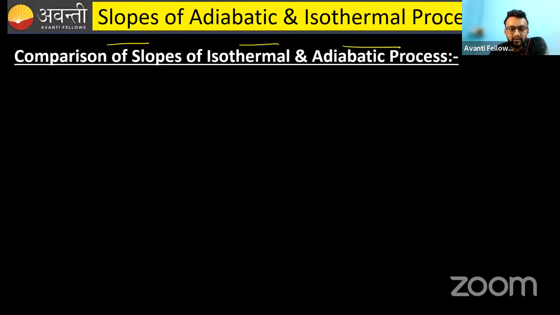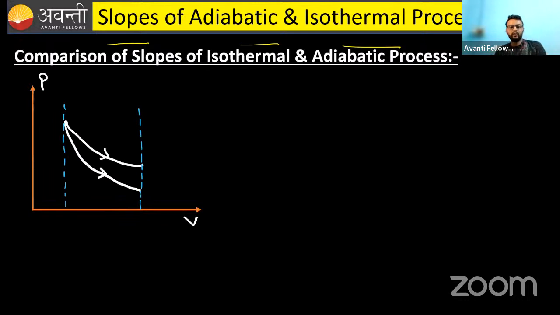There might be a graph like this one, a graph of P and V, and they are asking you to identify which of them is the isothermal process and which is the adiabatic process.